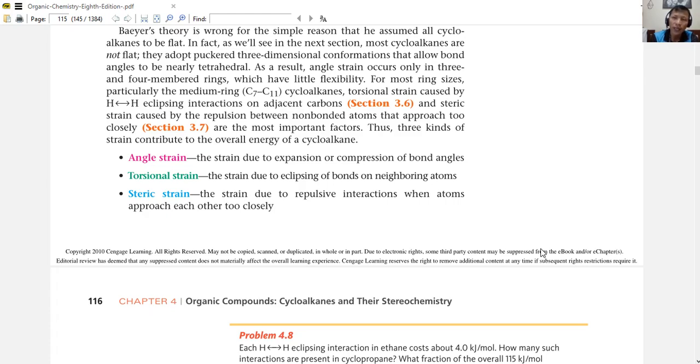This is usually important in cases like cis-trans isomerism, wherein you probably have a cis isomer. We can see that the cis isomer has higher energy, higher steric strain with respect to trans. Why? Because they are located at the same place.